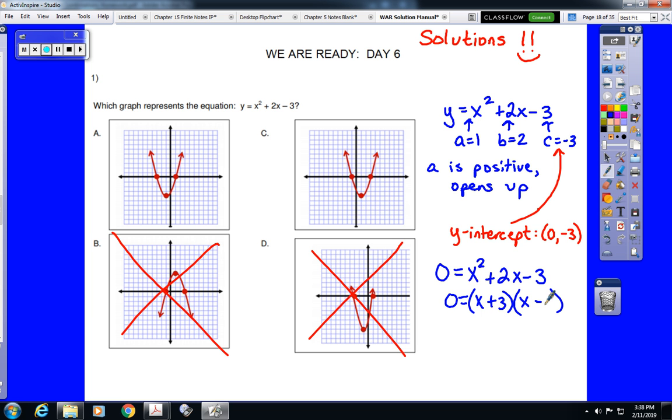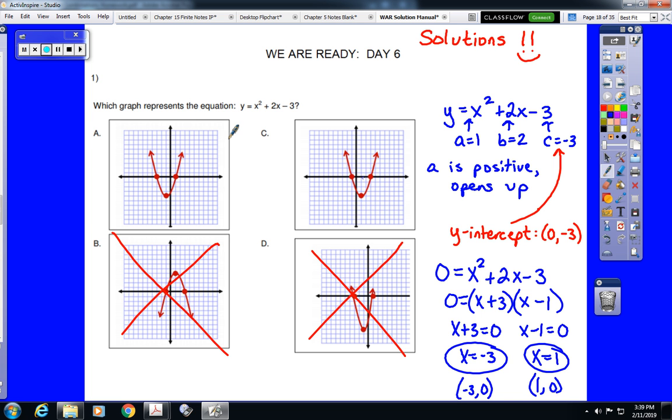That would be positive 3 and negative 1, which means the zeros, the solutions, the roots, the x-intercepts, they all mean the same thing, would be at x equals negative 3 and x equals 1, which means our graph should pass through negative 3, 0 and 1, 0. If you look, that would be answer A. Because C is not passing through those points, that would eliminate answer C. So the correct answer would be A.